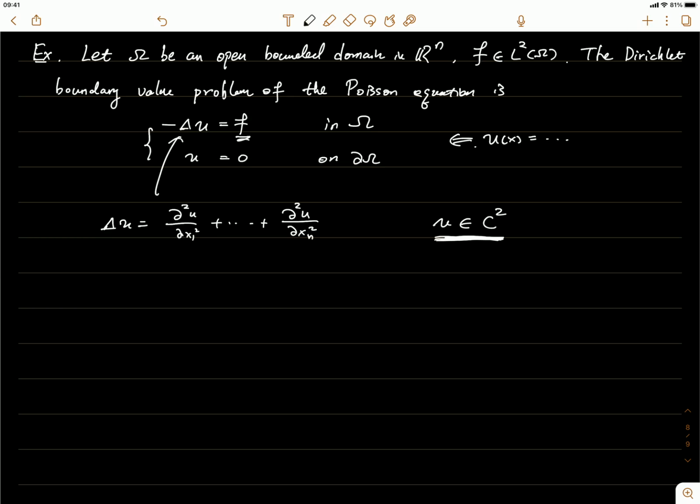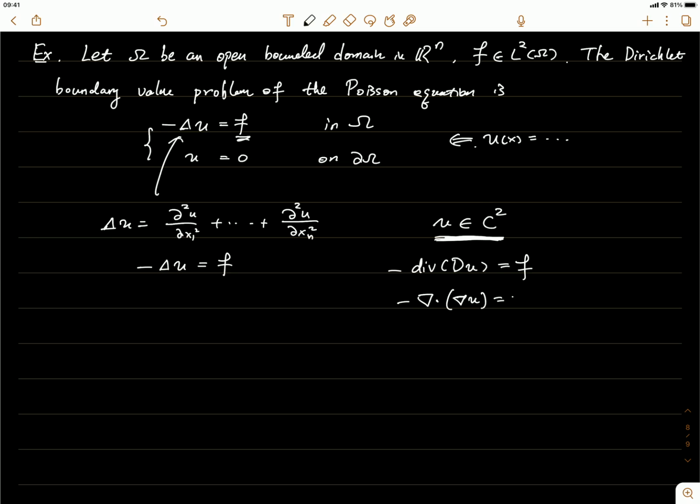The PDE is given by negative Laplacian u equals f, where the Laplacian is actually the divergence of the gradient of u. We also write it with nabla: nabla u means the gradient of u, and nabla dot means the divergence.